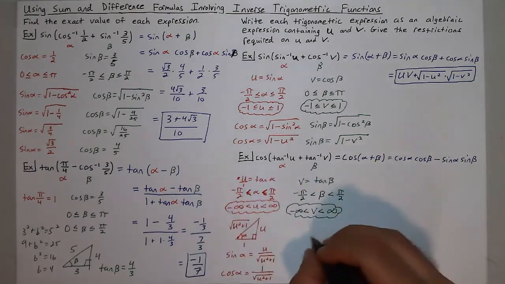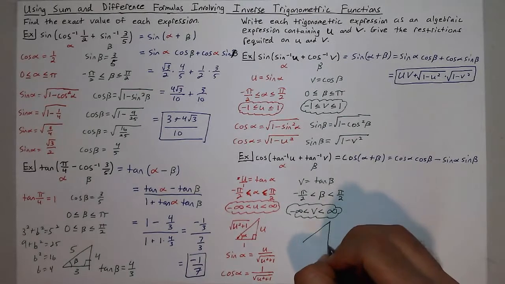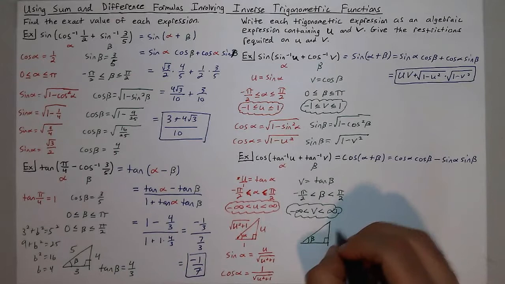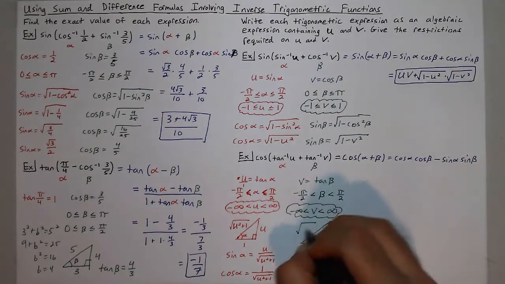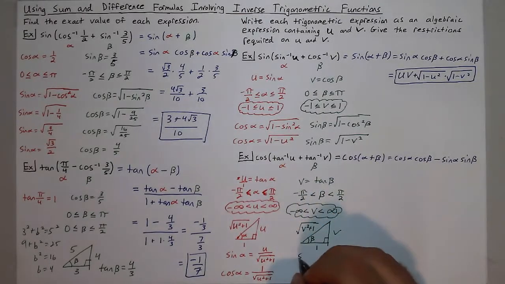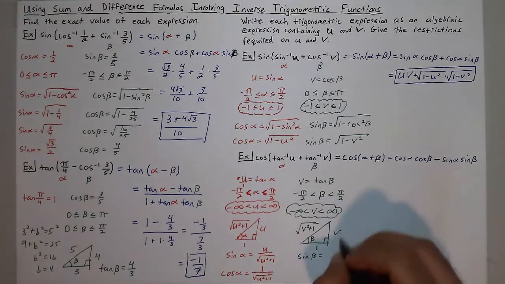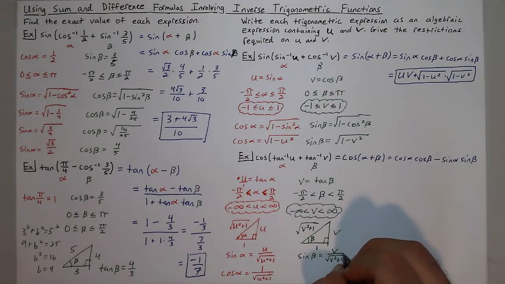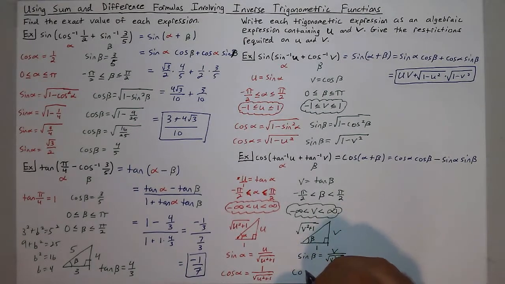When I draw my triangle here, I'm going to get a very similar setup. My angle beta here. Again, opposite over adjacent, so v is opposite, adjacent's 1, and my hypotenuse will be the square root of v squared plus 1. So I have sine of beta is equal to v over the square root of v squared plus 1. And cosine of beta is going to be equal to adjacent over hypotenuse, so 1 over the square root of v squared plus 1.